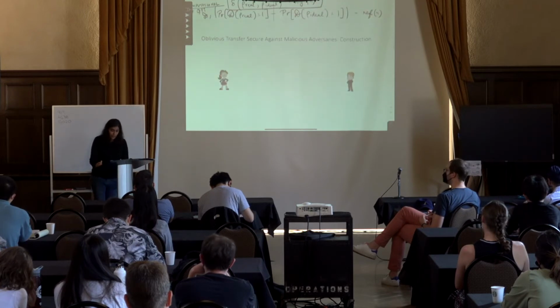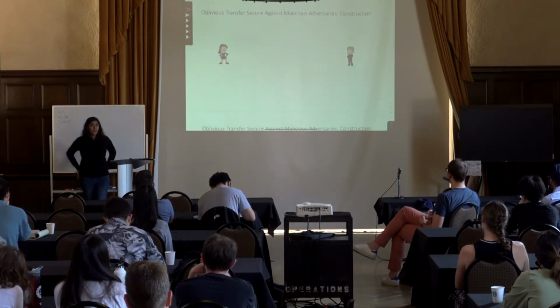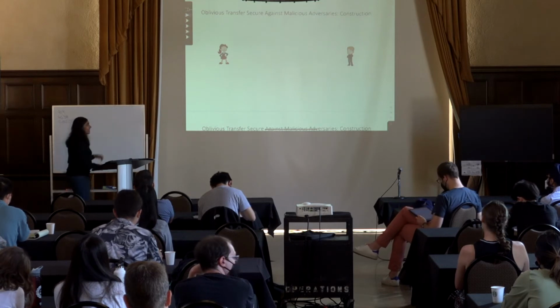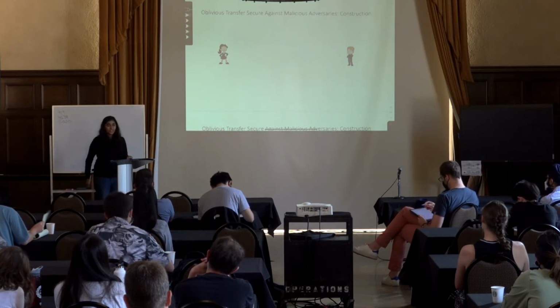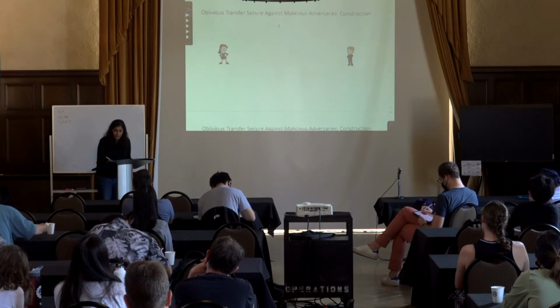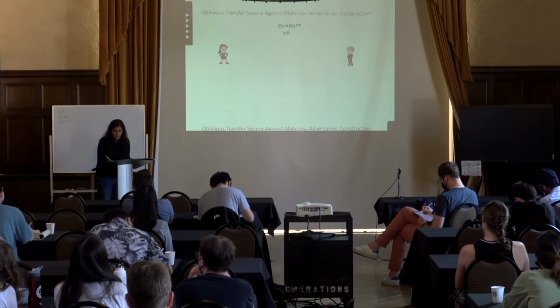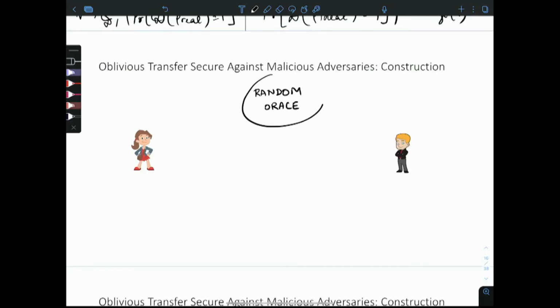Okay. All right, so now let's try to build this thing finally after a whole array of definitions. Let's try to understand how to build this. The first thing that I'm going to introduce here is a random oracle. You saw this yesterday in quite some detail. We're not going to be talking about quantum random oracles today, so this is just a classical random oracle.